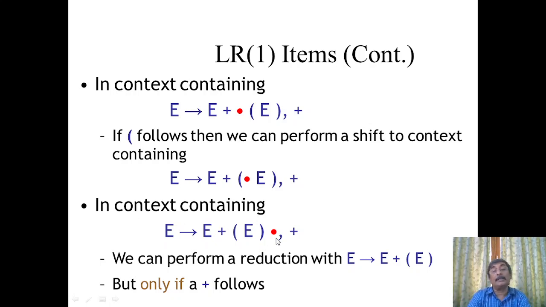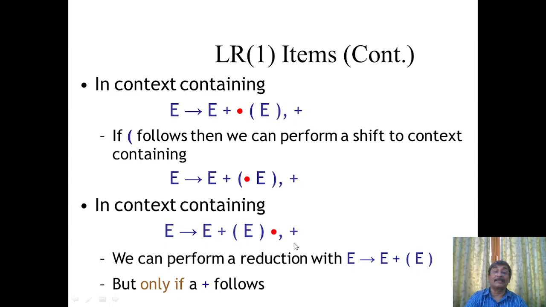However, if the context is such that the dot is here, what does that mean? That means the handle is found. Not only that, it means I need to reduce. I need to use a rule to reduce this handle, to prune this handle.